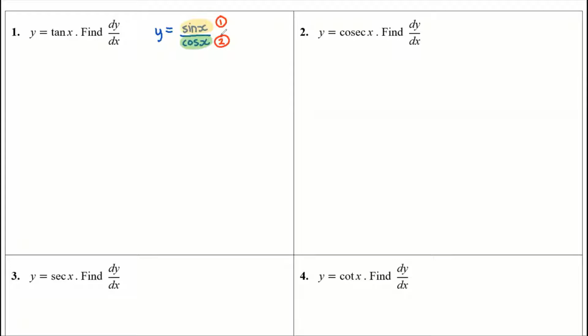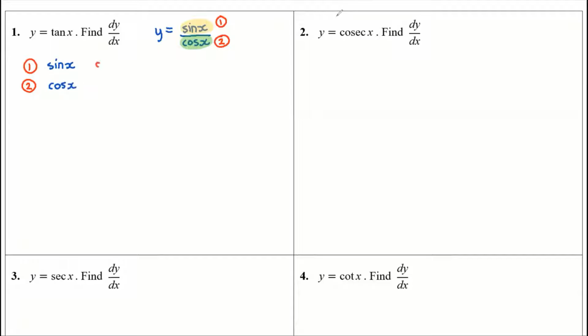So let's write down the 4 pieces of information we need in order to differentiate this. The first thing to do is, of course, to write down the 2 functions themselves. So it's sine x and cos x. So we'll do that, sine x, cos x, and then we have to differentiate them.